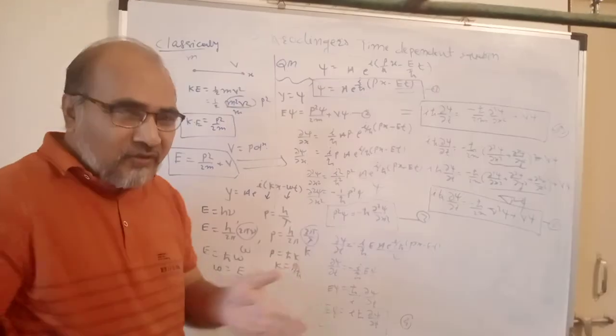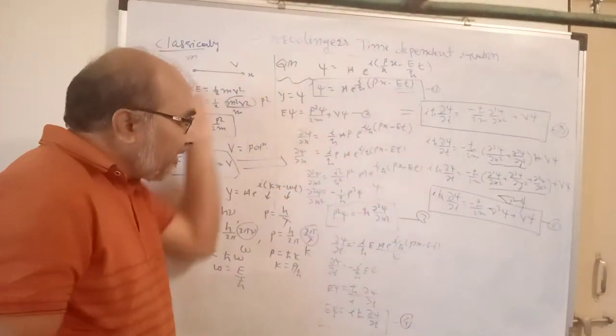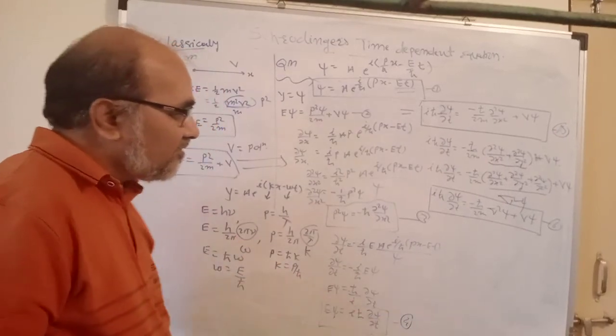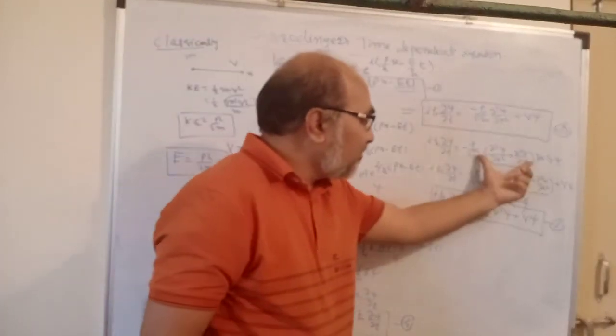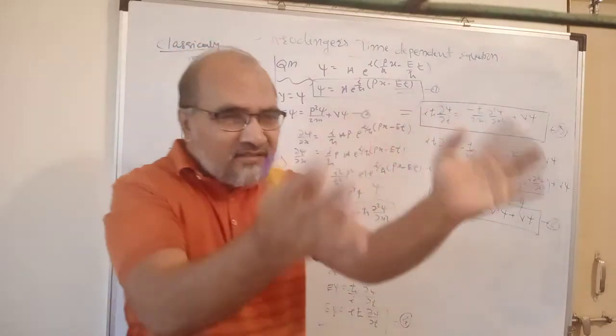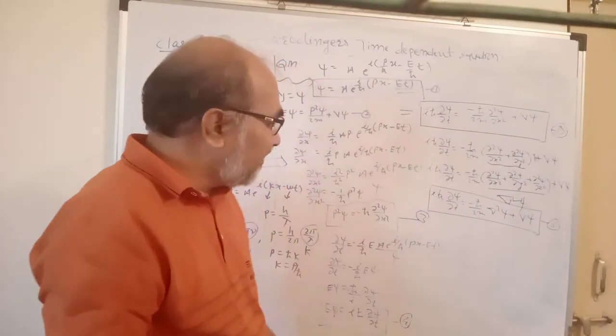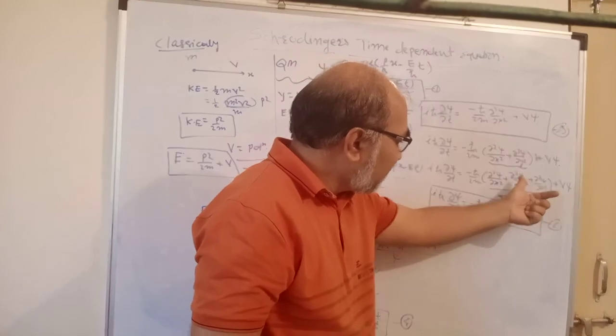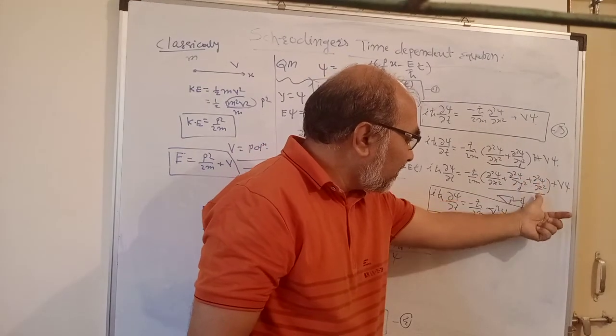If the particle is moving in two dimensions, like a plane, this board is two dimensional, one axis and another axis, so x and y. Three dimensional is like this box, and therefore we know that ∂²ψ/∂x² plus ∂²ψ/∂y² plus ∂²ψ/∂z² is nothing but del square.